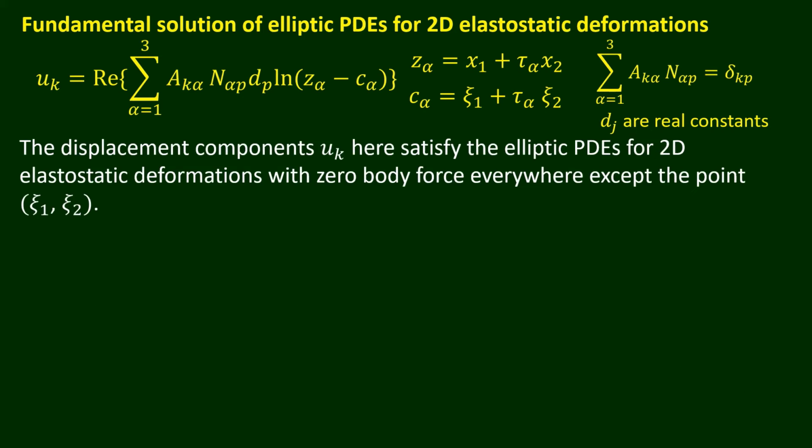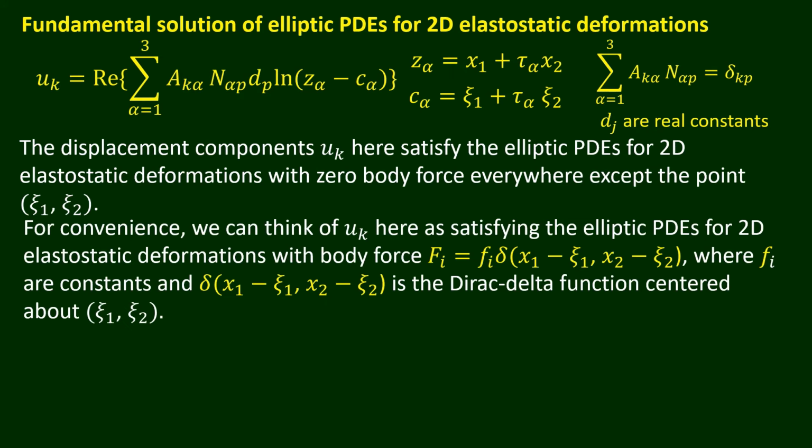The displacement components, u_k, here satisfy the elliptic partial differential equations for two-dimensional elastostatic deformations, with zero body force everywhere, except the point (ψ1, ψ2). For convenience, we can think of u_k here as satisfying the elliptic partial differential equations for two-dimensional elastostatic deformations with body force, F_i equals f_i δ(x1 − ψ1, x2 − ψ2), where f_i are constants and δ(x1 − ψ1, x2 − ψ2) is the Dirac delta function centered about (ψ1, ψ2).